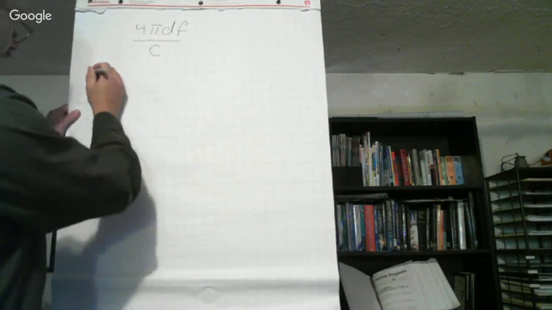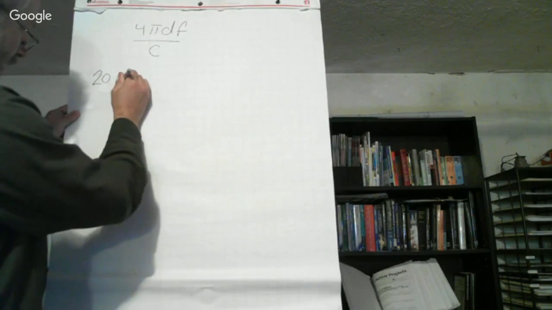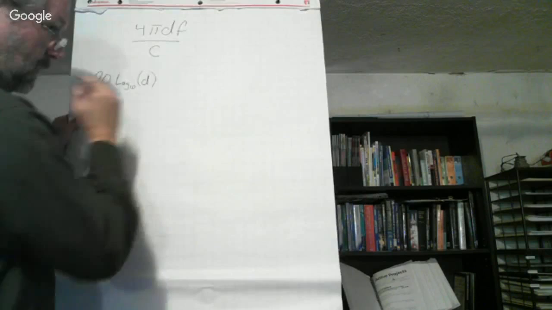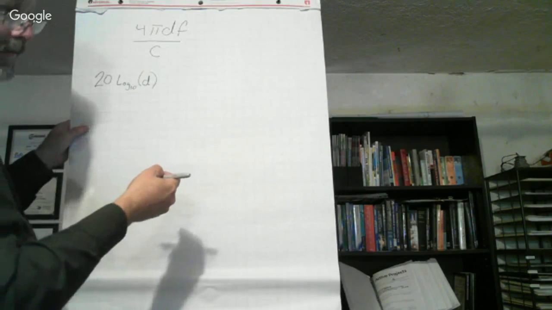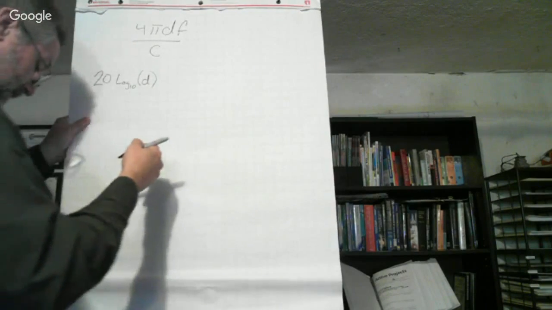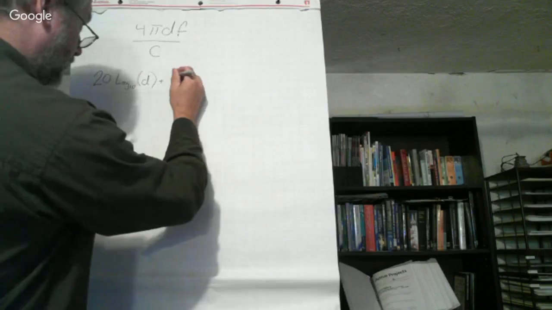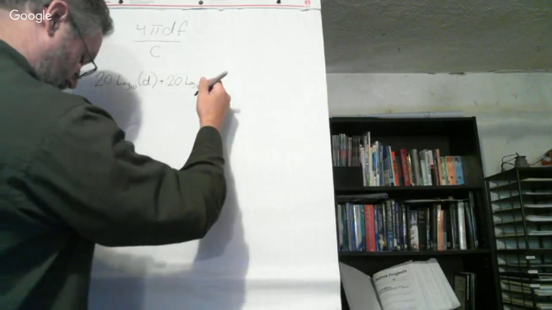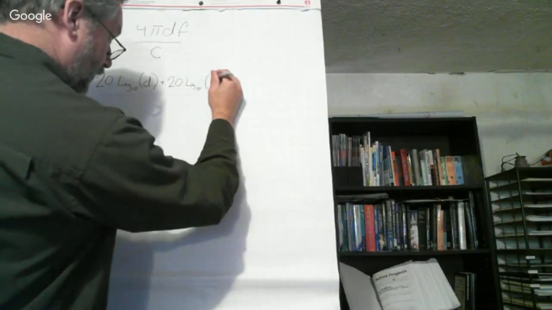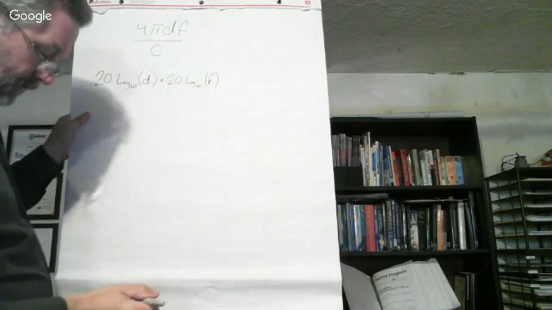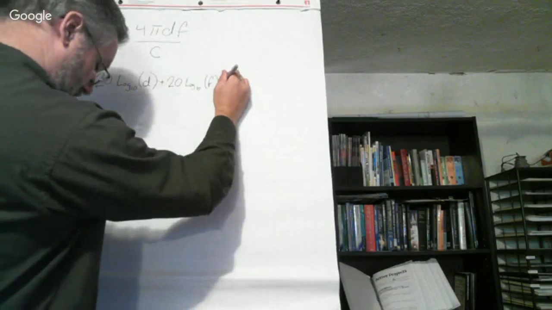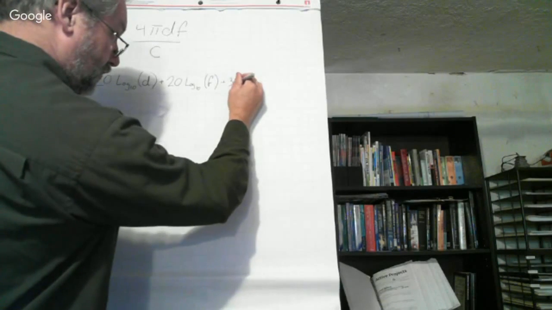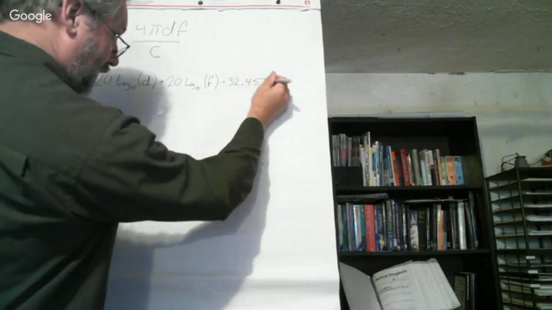So, without further ado, it is 20 log10 d, where d is the distance that we developed in kilometers, the distance to the target, plus 20 log10 of the frequency measured again in megahertz, plus the standard figure of 32.45.